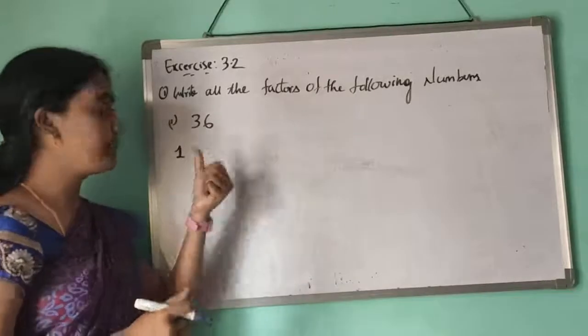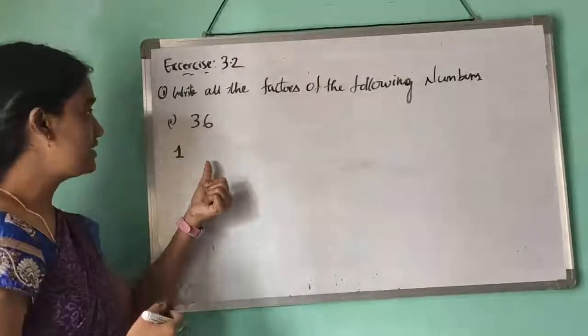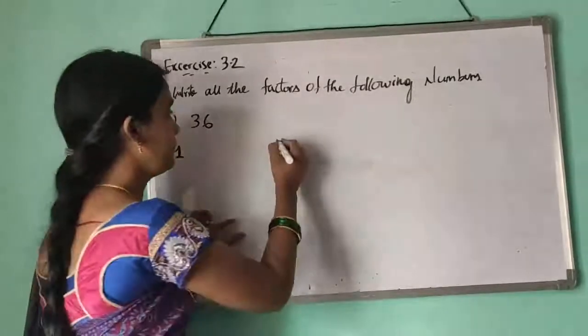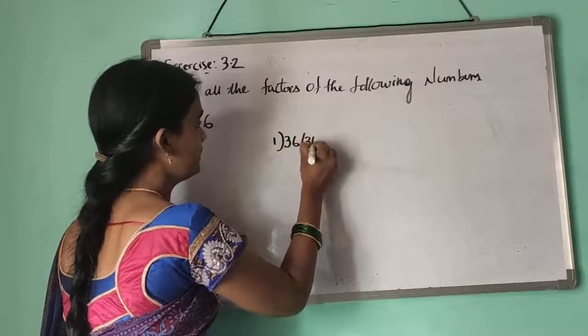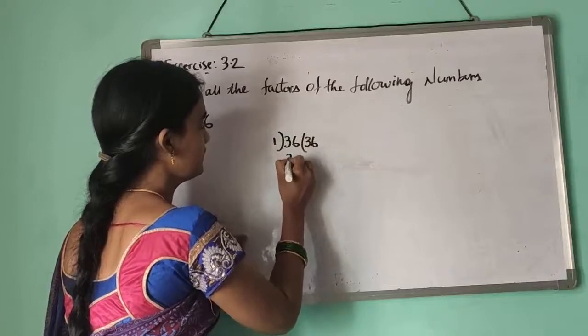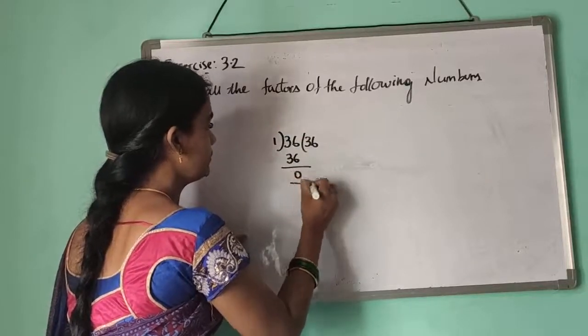Check whether 1 divides 36 or not. See, 36 times 1 is 36, so the remainder is 0.